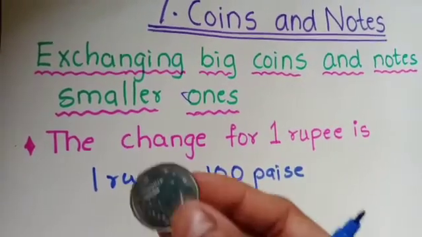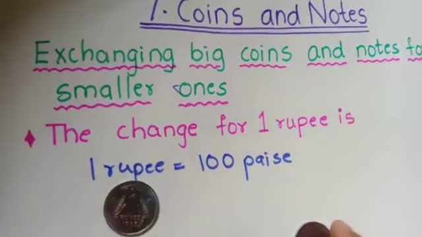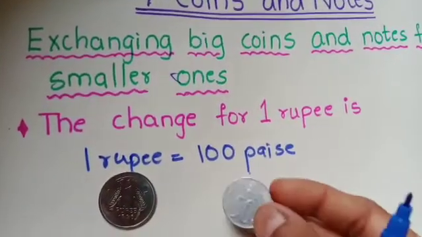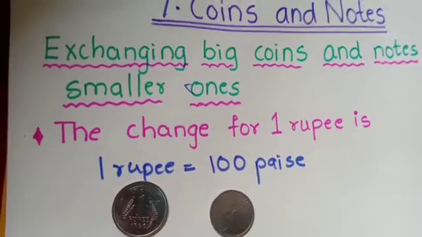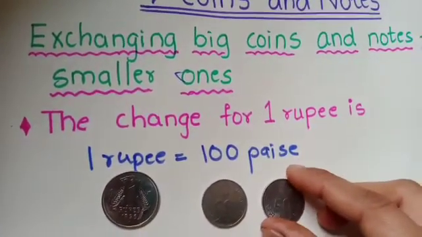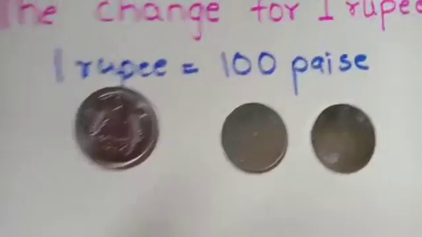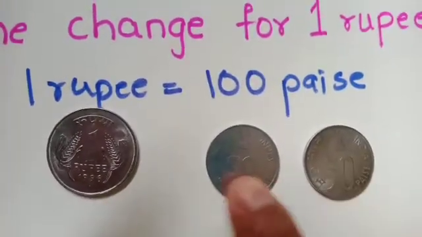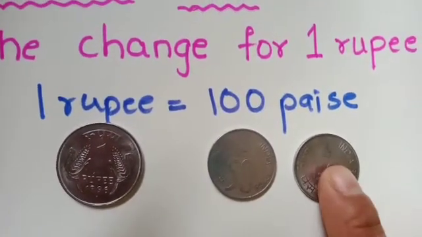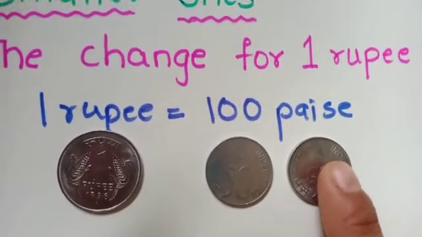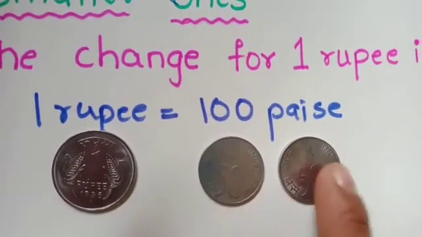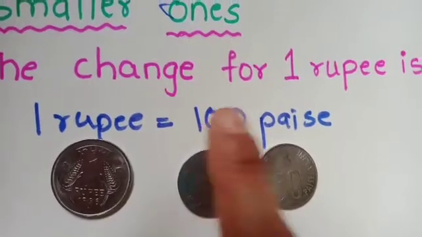Therefore, for this 1 rupee, what we will give in exchange? We will give 2 50 paise coins. See, can you see now? This is 2 50 paise coins. 50 paise plus 50 paise is equals to 100.